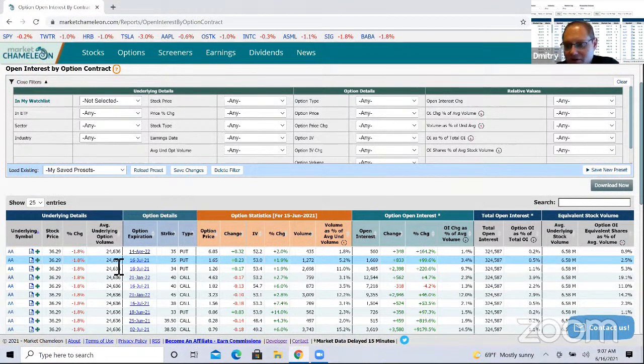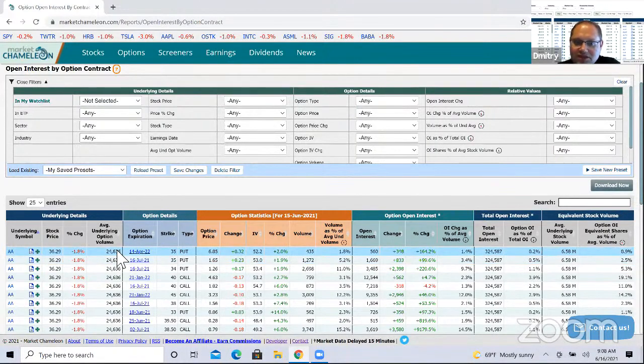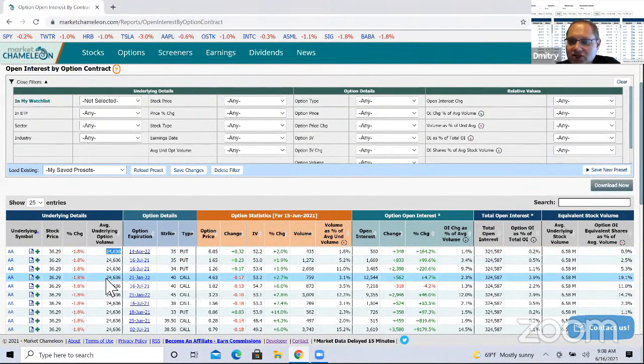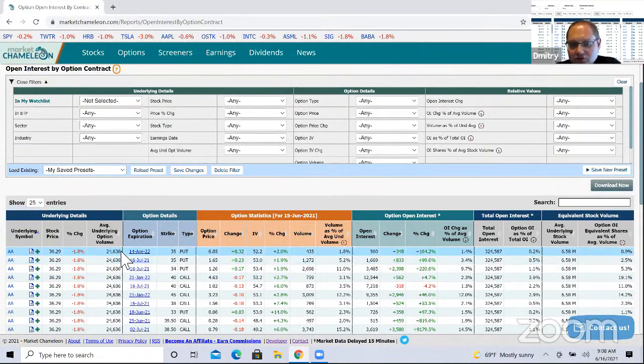So if a call traded, a put traded, a call traded in one expiration, and then a call traded in a different expiration and a different strike, you sum those up for the day, and then take, on average, how many option contracts that trades per day. So you could take the last 90 days, on average, daily option volume of 24,636. This will be important because we're going to use this as one of our benchmarks.